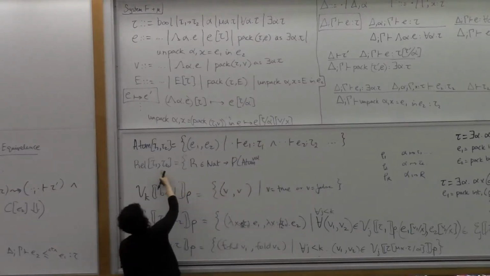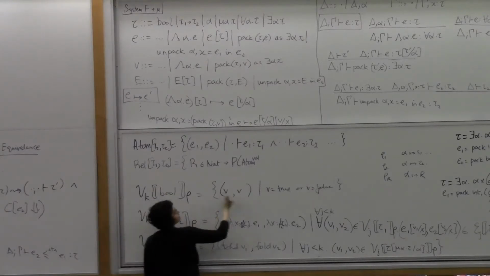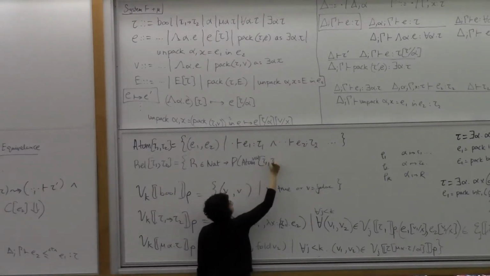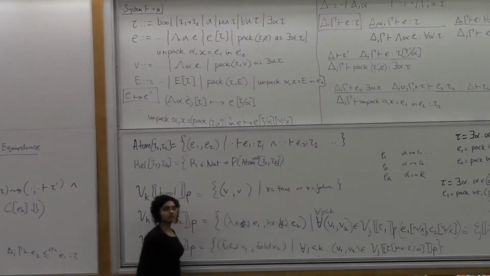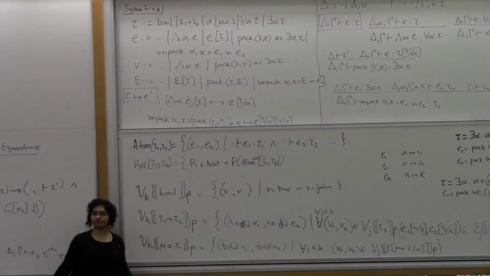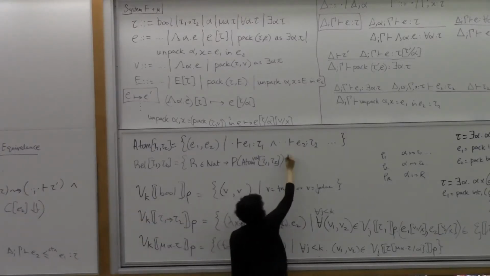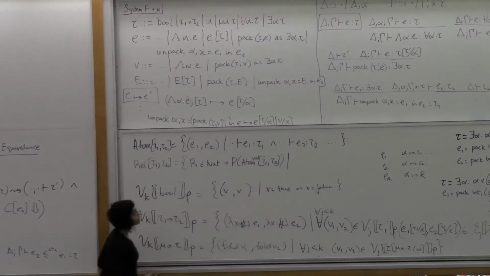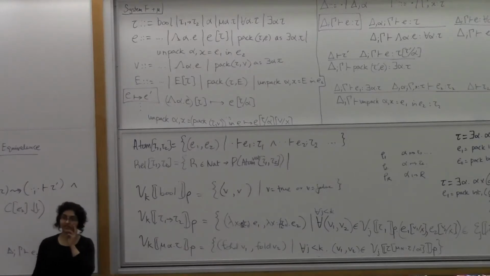In particular, I want these things to be relations on values of type tau 1 on one side and values of type tau 2 on the other side. So I get to put that here. I'm just doing basic set theory functions. So that's for starters the space that these relations are drawn from.